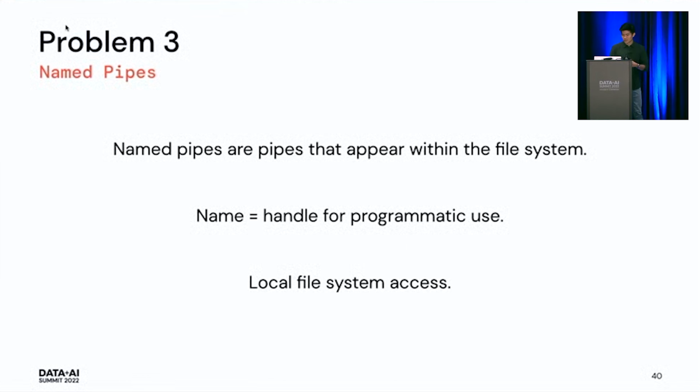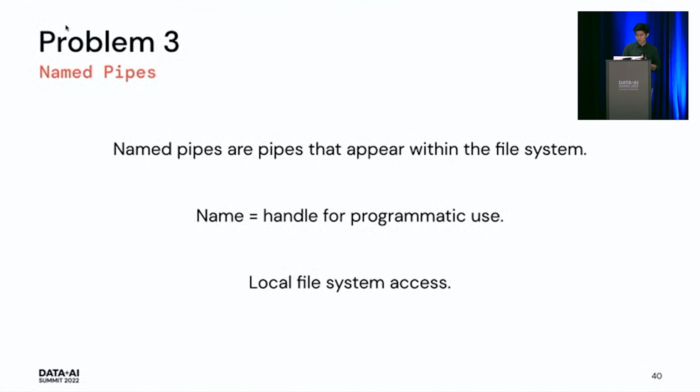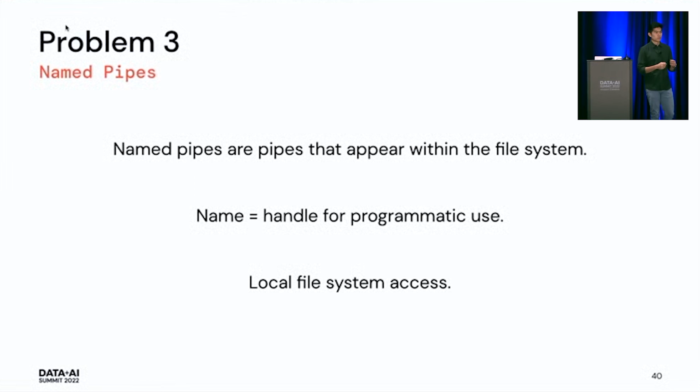Kudos to Michel, our CEO. He was the one that suggested this in one of our design sessions. For people not aware, named pipes are essentially pipes, like the pipes we've been seeing in the commands, but they appear in file systems. The only difference is when you write to them, you're not actually writing to disk, you're writing to a buffer, right?